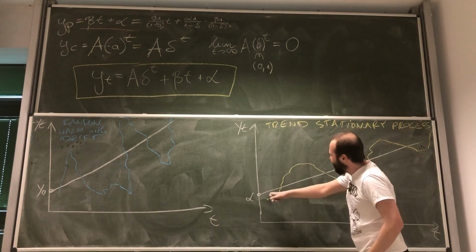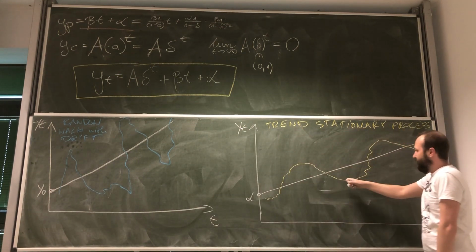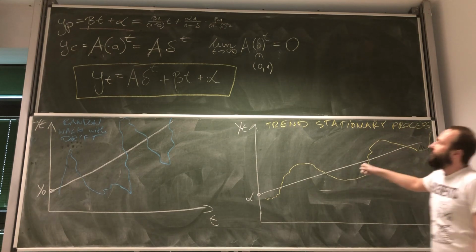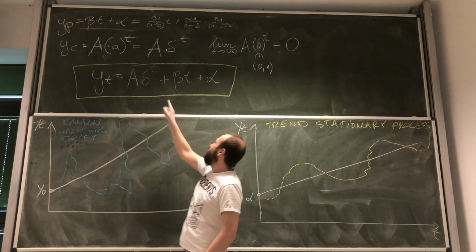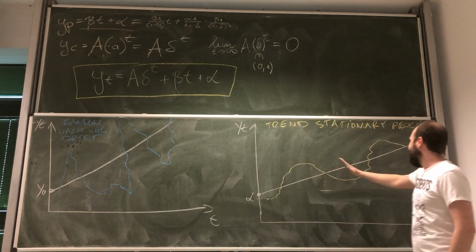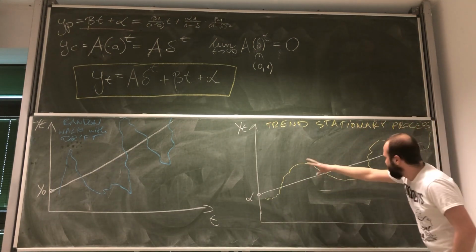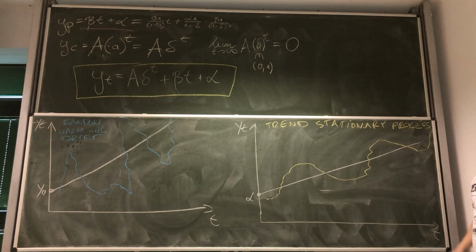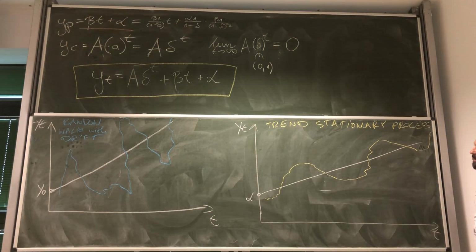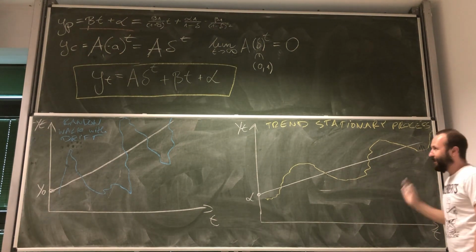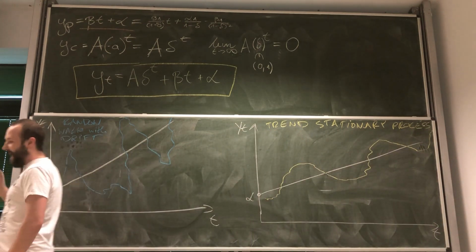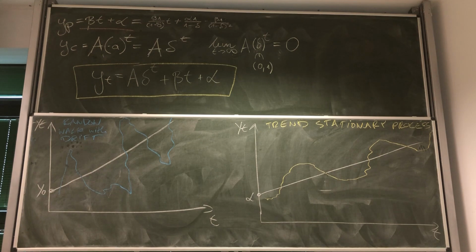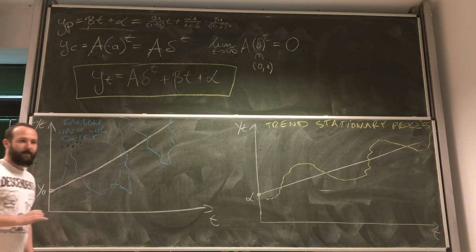You can see that depending on the value we get for delta, we will be able to say how smooth and how close to the trend value we are. And remember that this delta can be estimated from the data.